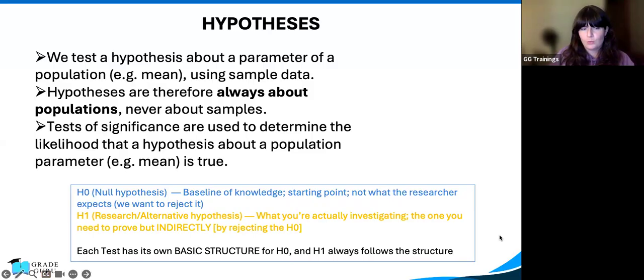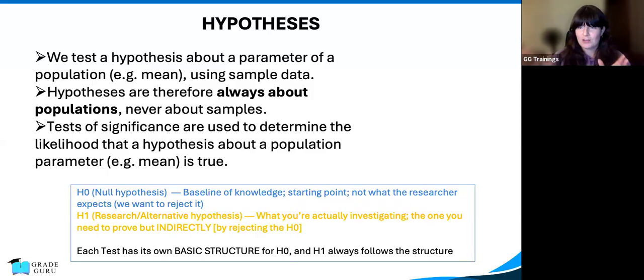And of course, your H1 can be either directional or non-directional. I don't know if we talked about this, but maybe in the SPSS training, when you have a non-directional H1, that literally means no direction. So if your H0 is that the mean is 7, a non-directional H1 says that it's not 7.